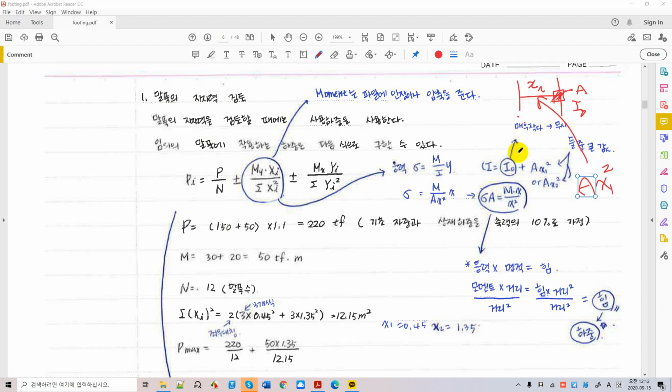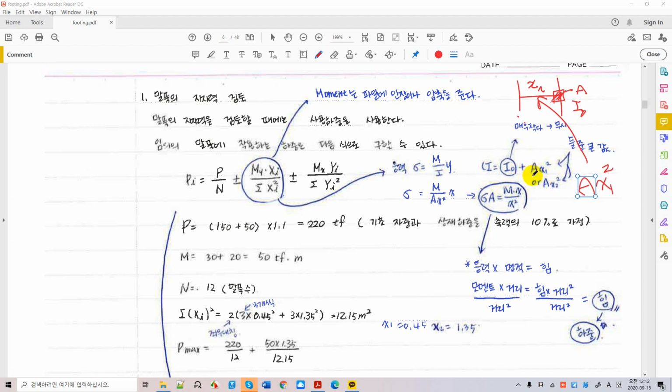And if you see right there, this I0 is very small because we have to calculate bh cubed over 12, which becomes very small compared with this value because L is in meters and b and h are in centimeters and millimeters, right? So we can simply ignore this term. We just end up with A x1 squared, A times the distance squared, right?